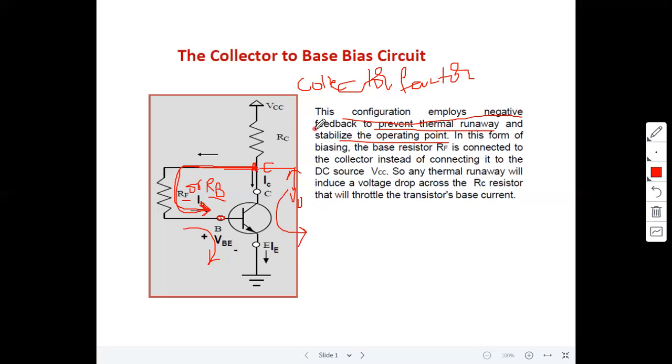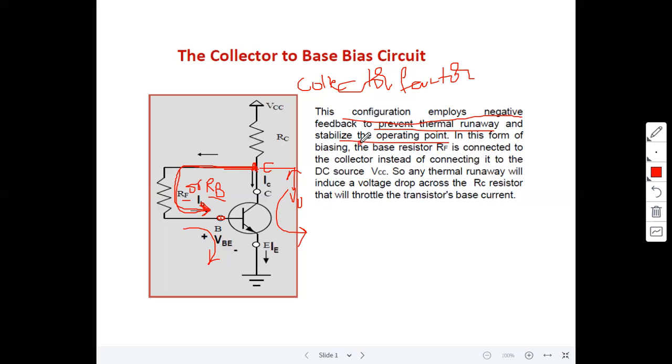In amplifier circuits, we study in detail the different types of feedback, whether it is a voltage amplifier or a current amplifier. All this comes in amplifier circuits. For now, this is a negative feedback circuit, which prevents thermal runaway, so the operating point is more stable compared to the previous bias circuit.